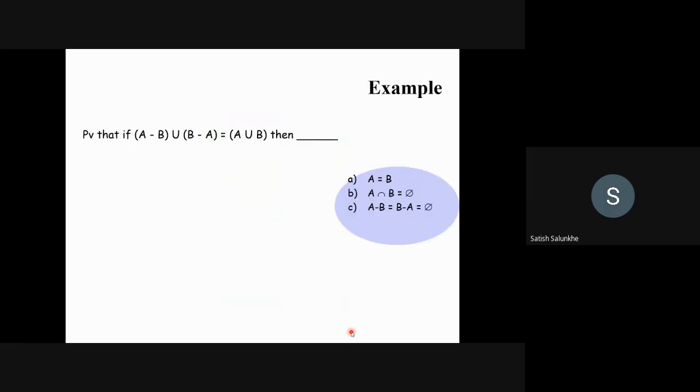I'm leaving this as an exercise. Prove that (A minus B) union (B minus A) is equal to A union B. Basically, what you need to prove here is that LHS is a subset of RHS as well as RHS is a subset of LHS, and then with respect to 1 and 2 you say both are equal sets.